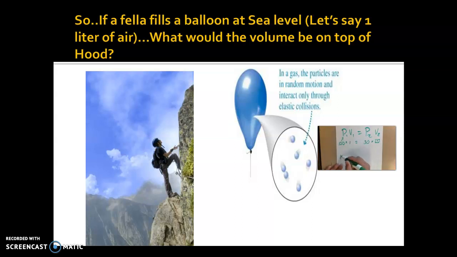Okay, so 100 times 1 equals 30 times something. All right, so you'd multiply 100 times 1, you get 100, and then you would divide it by 30, and that would give you the volume on the top of Mount Hood.